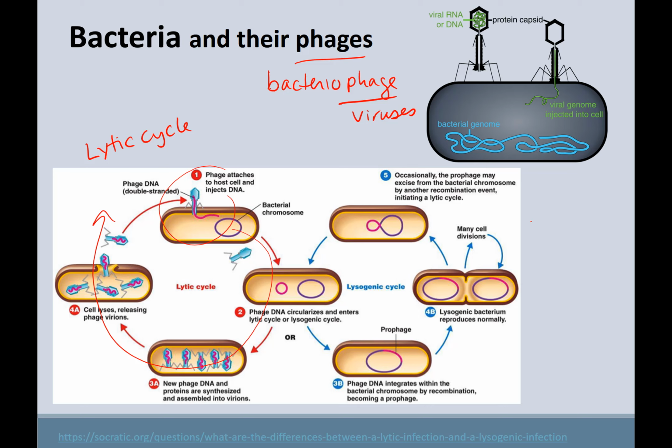Some have a lysogenic and lytic cycle where the phage infect and then integrate into the chromosome, so they become part of the chromosome. And then when they pop back out and go lytic, that's when they can grab a piece of this bacterial chromosome with them, and transduction happens.